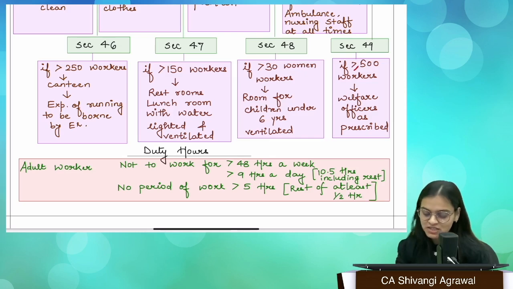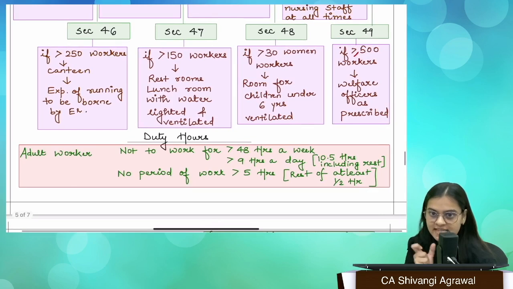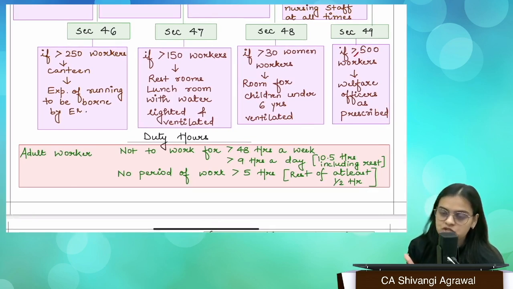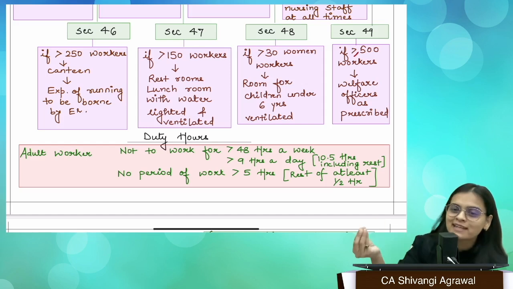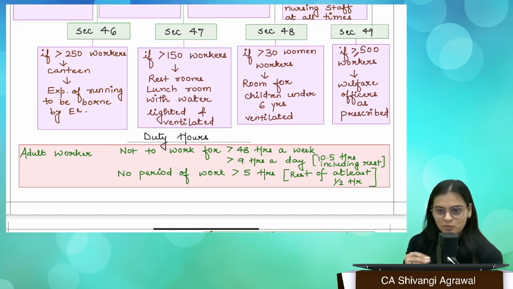Then comes section number 48, which is all about the crèche. This is basically needed for women workers, of course, because although men can also carry their babies to work, that is not usually the case.